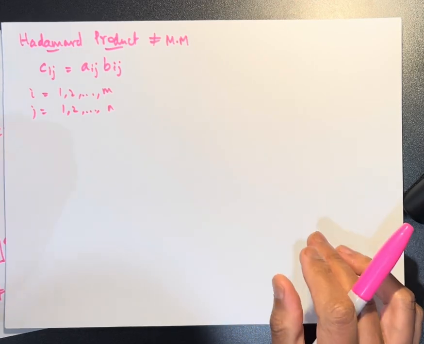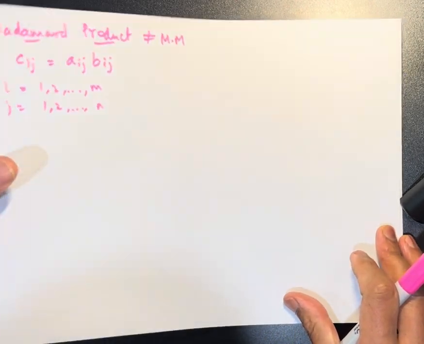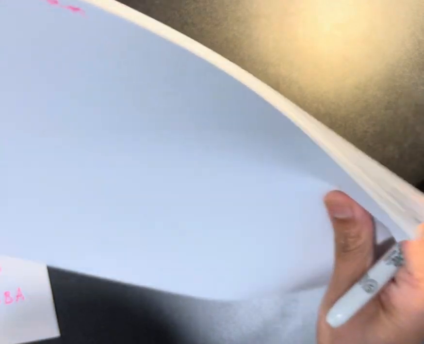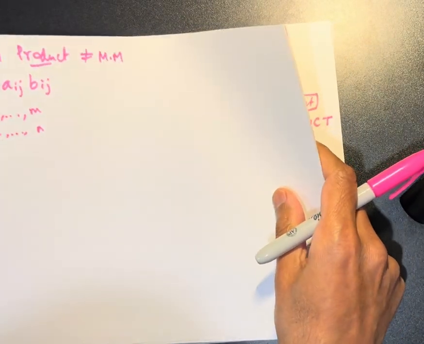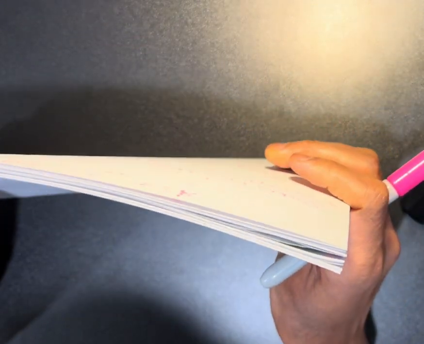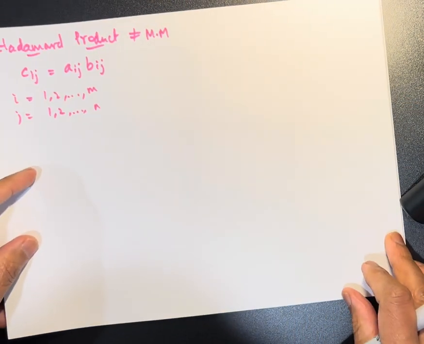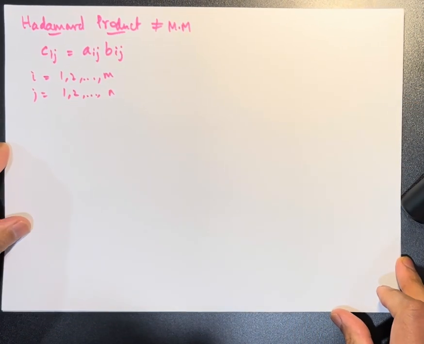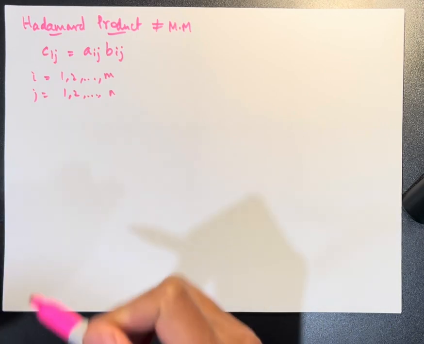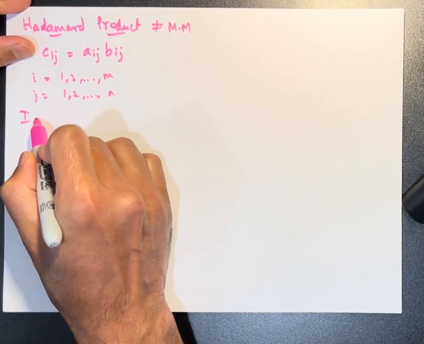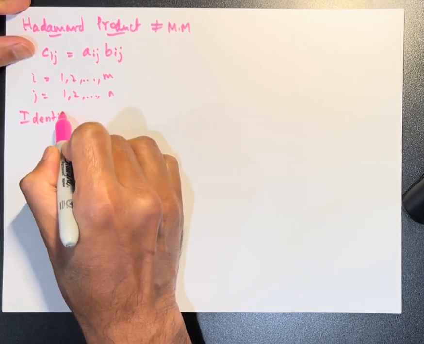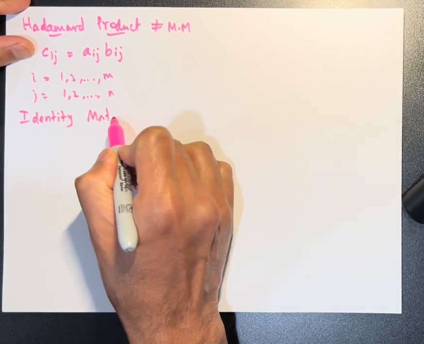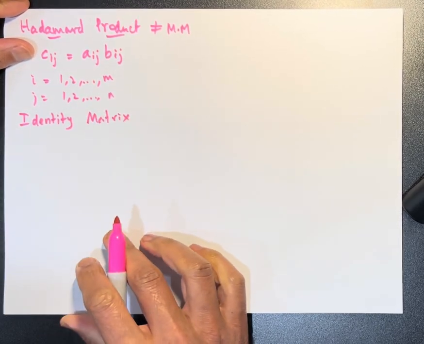Okay, and then a couple more things. So there is this definition of what is known as an identity matrix. What is an identity matrix? If you remember from school days, hopefully you've studied identity matrices before. So the identity matrix, right?